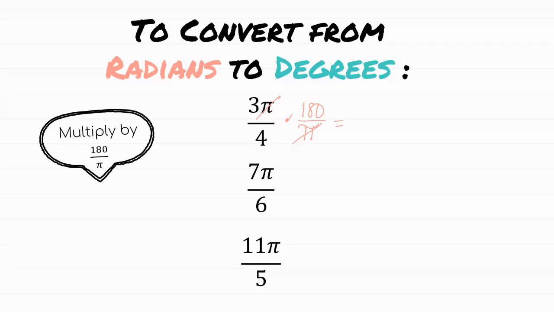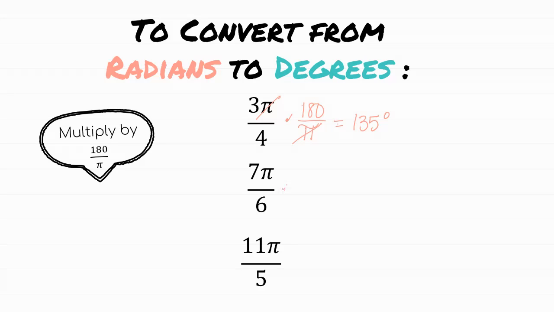Now, if you have a handy calculator that does fractions for you, just multiply 3/4 times 180. If you don't, you can also multiply 3 times 180, which is 540, and then divide that by 4, and you get 135 degrees. So 135 is the degree measure of an angle that is 3 pi over 4 radians.